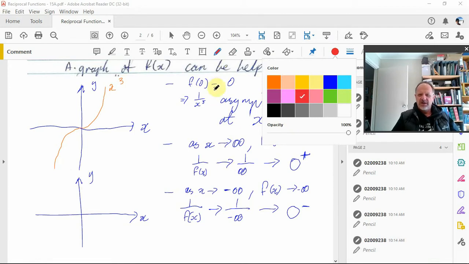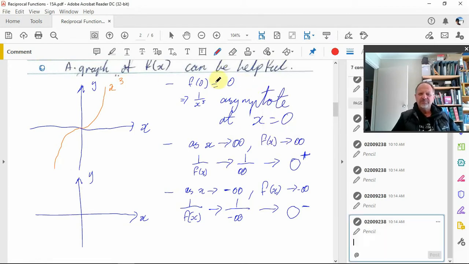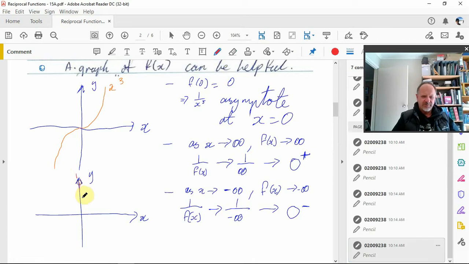So we know from there we've got an asymptote at x equals 0. So we've got an asymptote here. And so what do we know? We know as x goes towards infinity, then it goes towards 0. So when we get up here, we're going down towards 0.